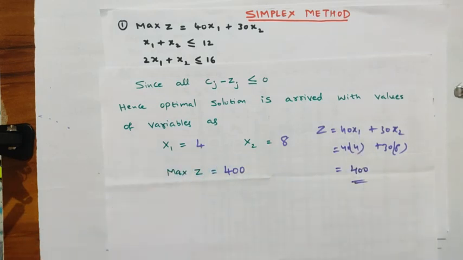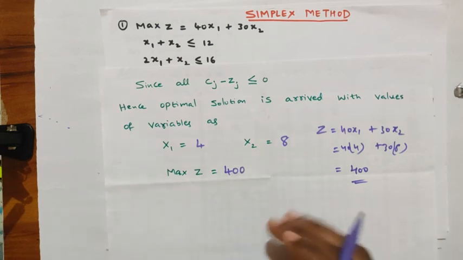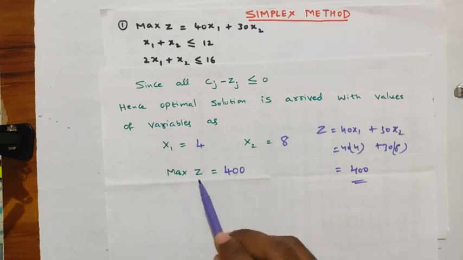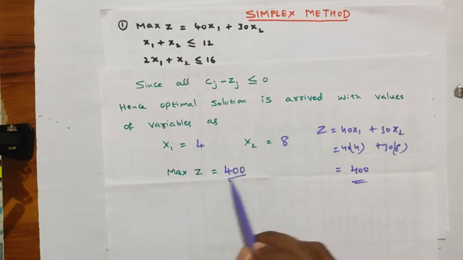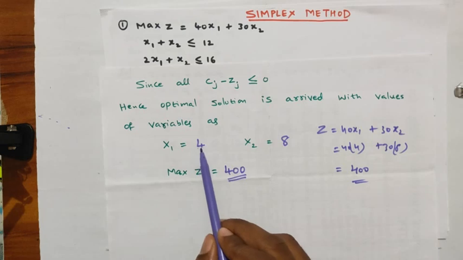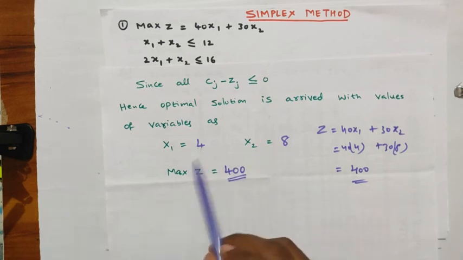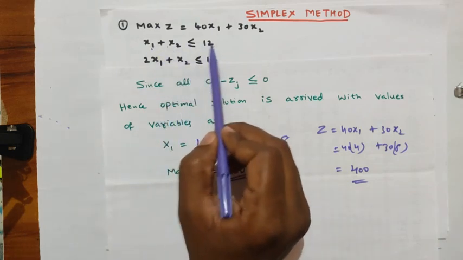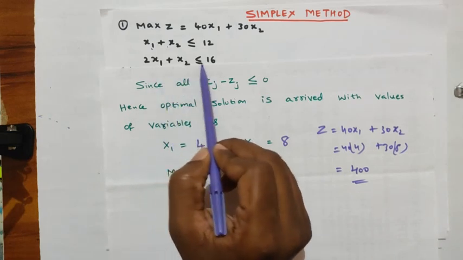That is the same. So in this way we can solve the simplex method. The maximum value of z is 400, with the values x1 is 4 and x2 is 8, subject to the constraints x1 plus x2 less than or equals to 12 and 2x1 plus x2 less than or equals to 16.